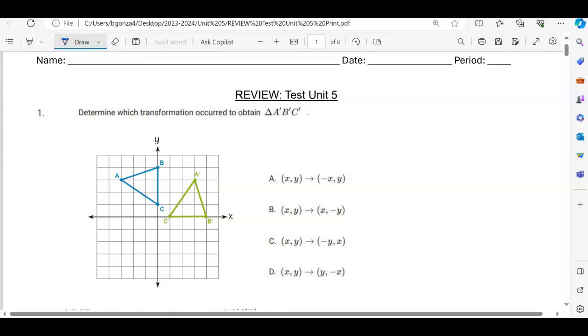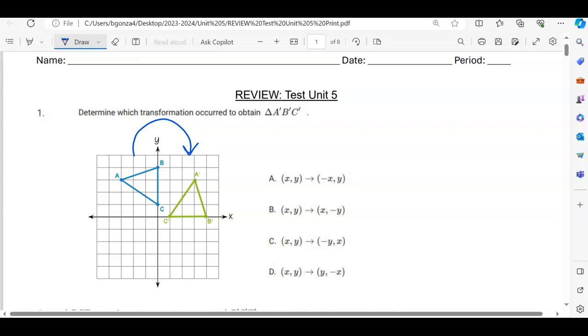So you start with the one on the left, ABC, and it goes over to this A prime, B prime, C prime. So notice, this hasn't been flipped over. Otherwise, A would be over there, but B and C would actually stay because they're on the line.